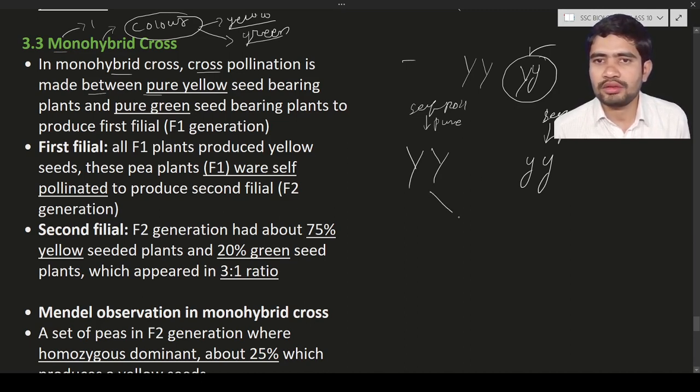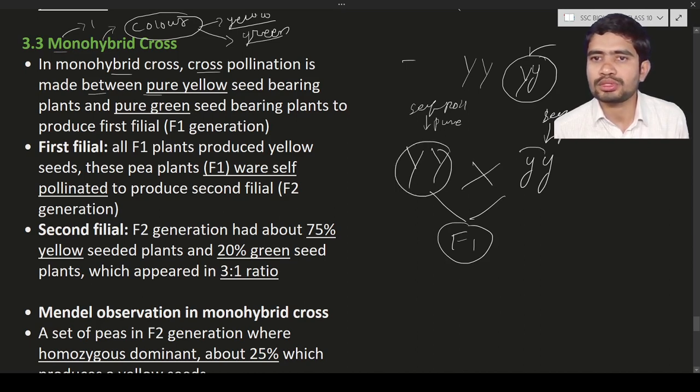First, if you do the cross pollination, you will get the F1 generation. What is meant by F1? F1 means filial. Filial means son, or you can call it the progeny. In F1, all plants produced yellow seeds. After cross pollination between these two pure plants, you get the F1 generation, in which all the seeds are yellow, 100% yellow.